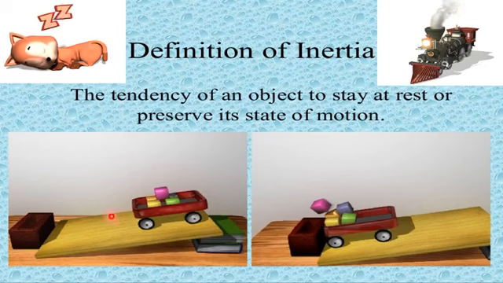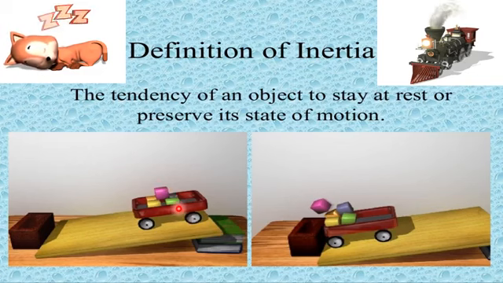Here you can see this small toy cart loaded with some objects. When it is moving, the objects are also moving, but when it comes to a rest, the objects still tend to move.